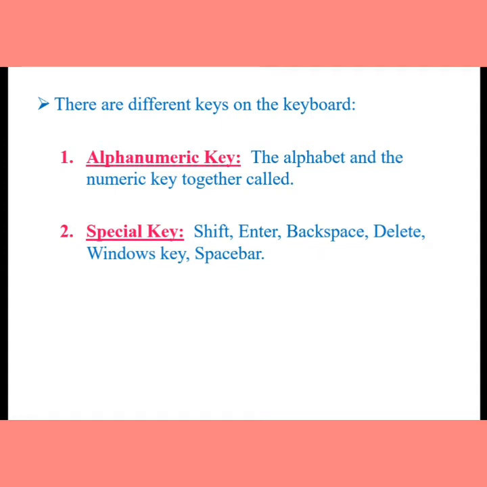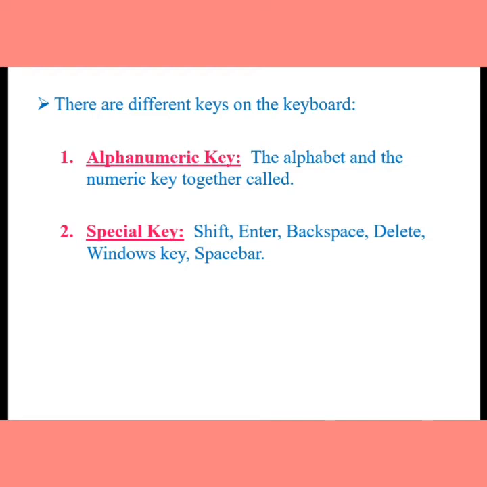Now, the keyboard has many special keys like Shift, Enter, Backspace, Delete, Windows keys, Spacebar, etc. All these keys have different uses. Using the Enter key, we can go to a new line when we are writing some text. If we made any mistake, we can delete it using the Delete key or the Backspace key.